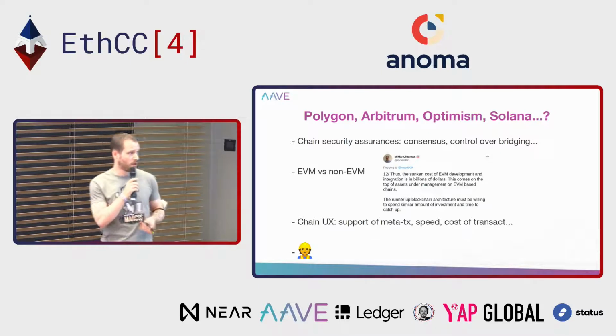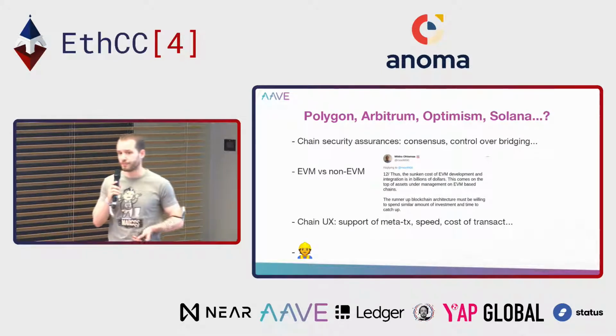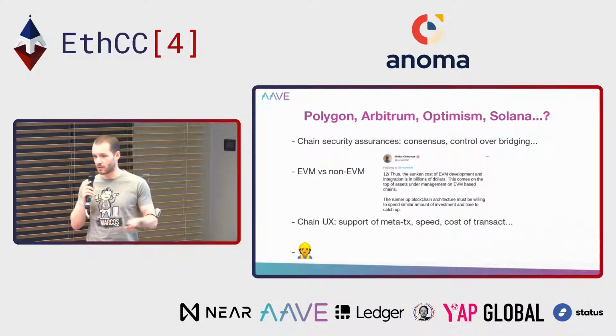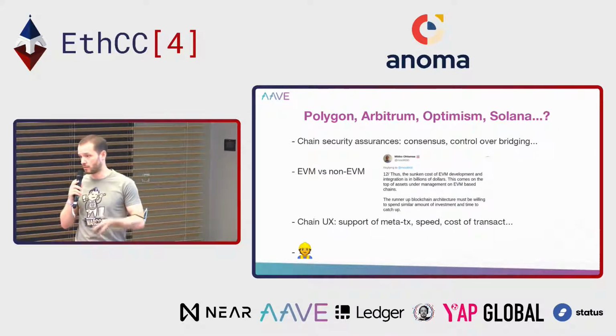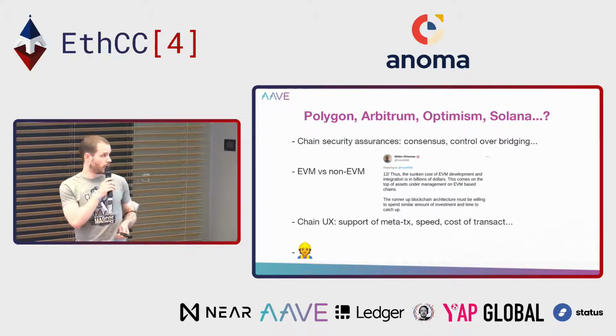First of all, how does the Aave community decide where to deploy a market? That is the first question: when to deploy a market and which chain to choose. There are plenty of options out there, and every time there are more.